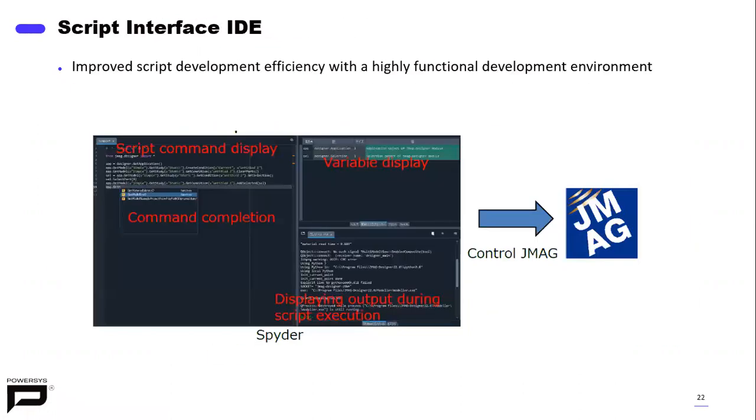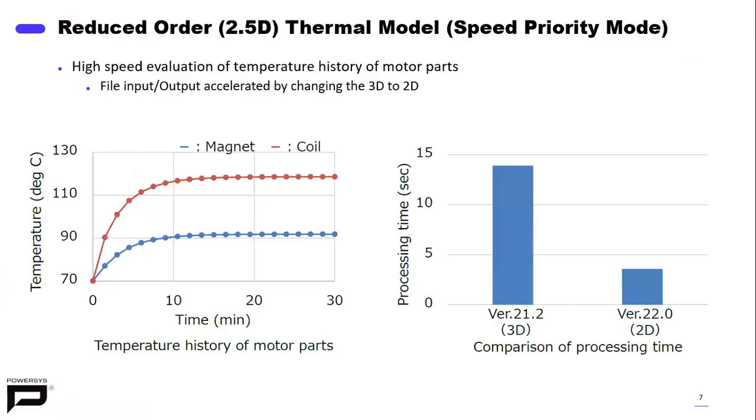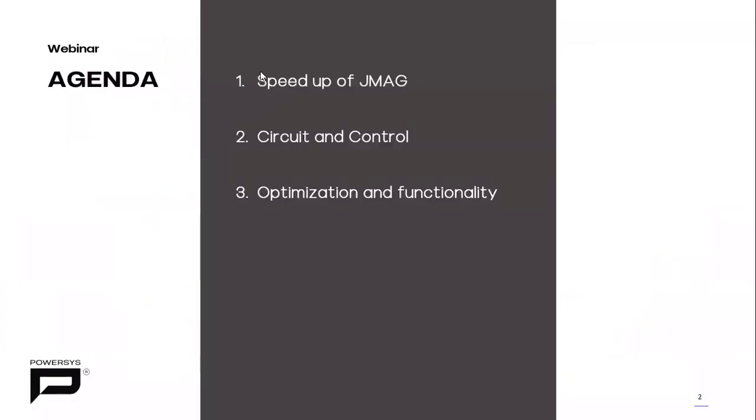So quickly summarizing the enhancements, there are three parts by which version 22 got enhanced. One is the speed up of JMAG. There we have seen how in the quick express mode we solve our thermal as well as different electromagnetic analyses with the help of the inbuilt model bar scenario that is available, or the user can create their own geometry with the help of custom geometry in the geometry editor.